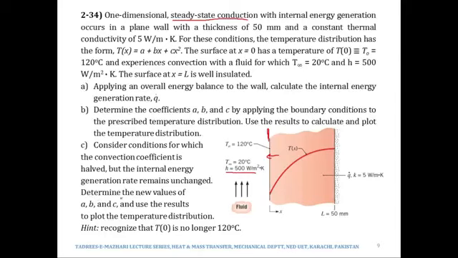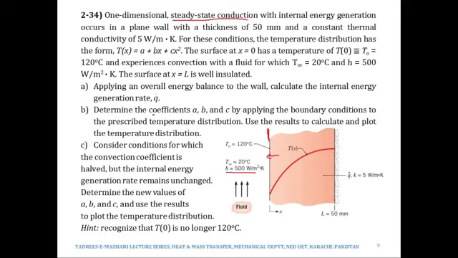So they are asking to determine the new values of a, b and c. We have to find the new values because the temperature distribution will no longer have the same values of a, b and c as they had in part B, in steady state conditions.